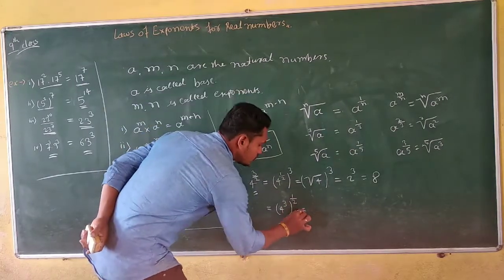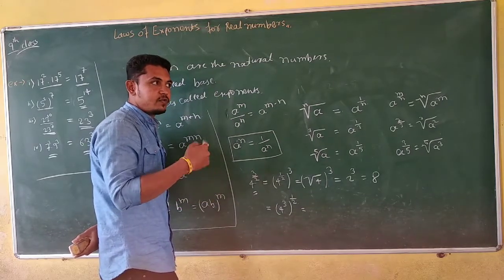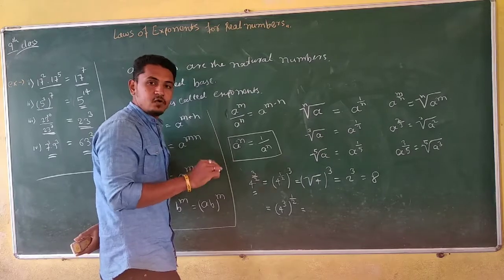This is equal to 4 times 4 is 16, 16 times 4 is 64. Right?